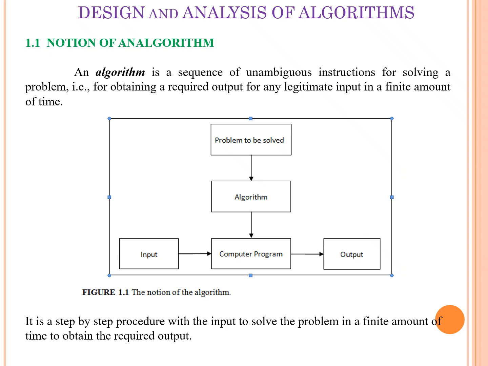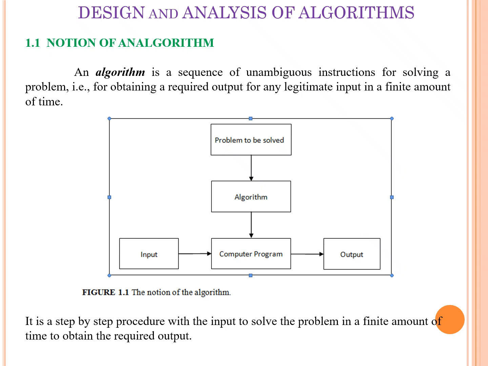So here they have given a definition. Algorithm is a sequence of unambiguous instructions for solving a problem. If I have been given a problem, I write down the steps to solve the problem without repetition of instructions, with unambiguity. That is called an algorithm.